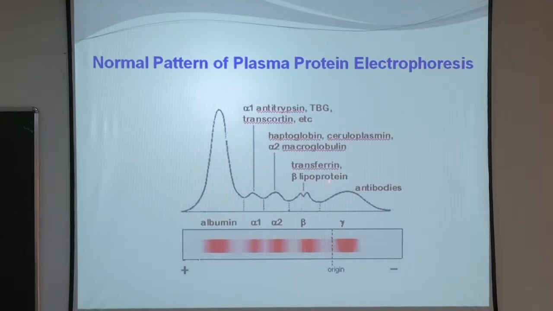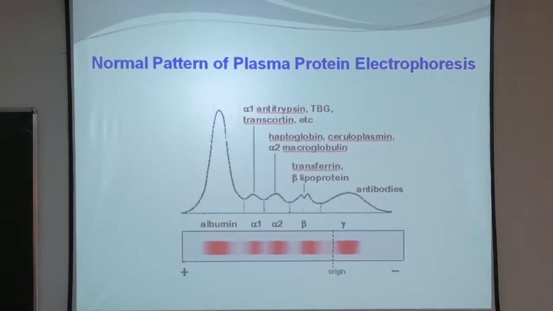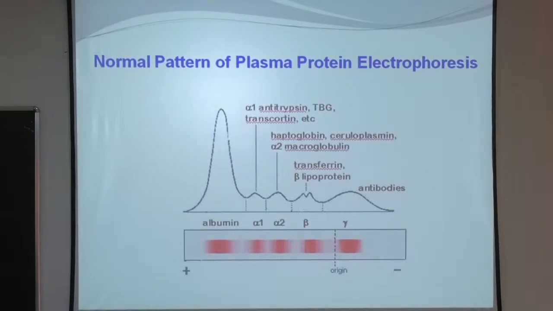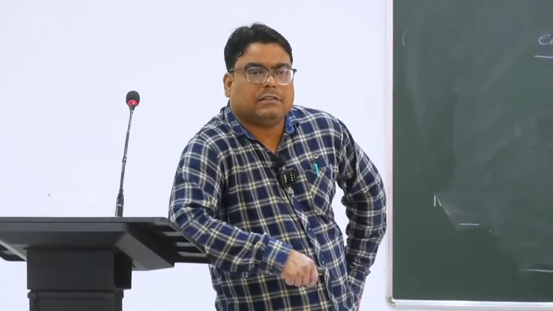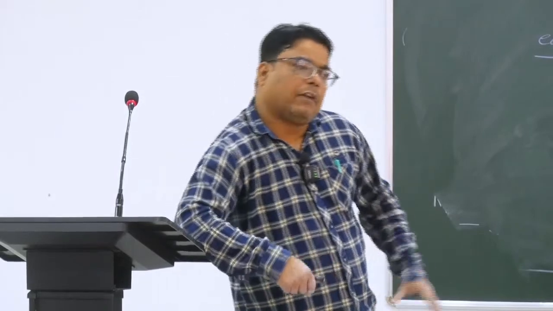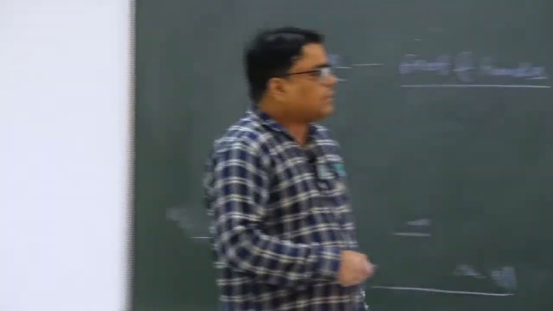If we separate out the major ones, they are transferrins, macroglobulin, lipoproteins, beta lipoproteins, immunoglobulins, because proteins have different fragments also. Transferrin is what? It is a co-transport protein for the transportation of iron. Immunoglobulin is what? It is an antibody. Okay. If we separate out all the proteins, we can get more fractions in this pattern.